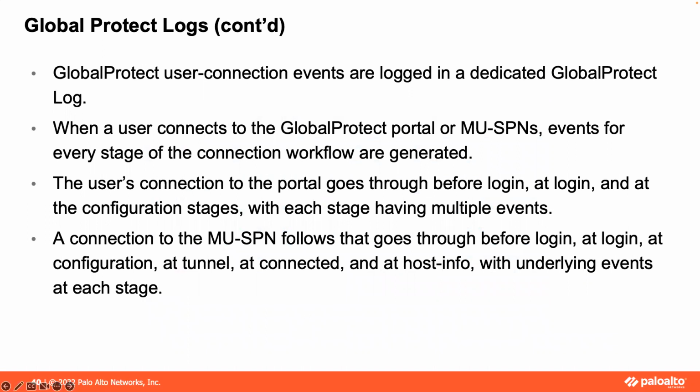You're able to see events for every stage of the connection. So an attempt to connect, a success, a failure, etc. Before login, at login, as the tunnel's established, once they're connected, all the host information, all the details. There's quite a lot of great information under the user ID logs and the GlobalProtect logs.